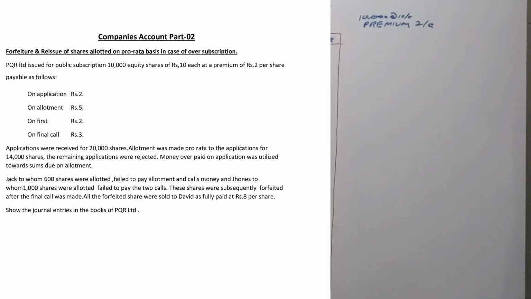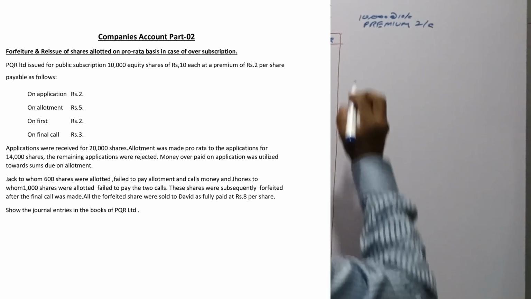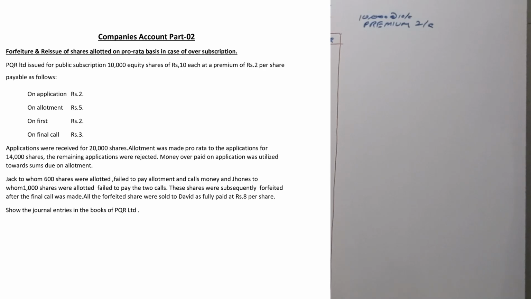Face value 10, premium 2 rupees, right? Shares are payable on application 2 rupees, on allotment 5 rupees, adjusting the premium at the allotment level, on first call 2, and on final call 3 rupees.